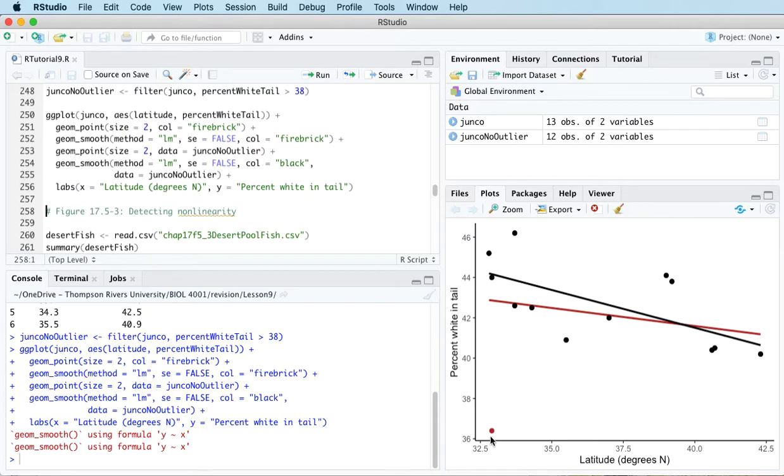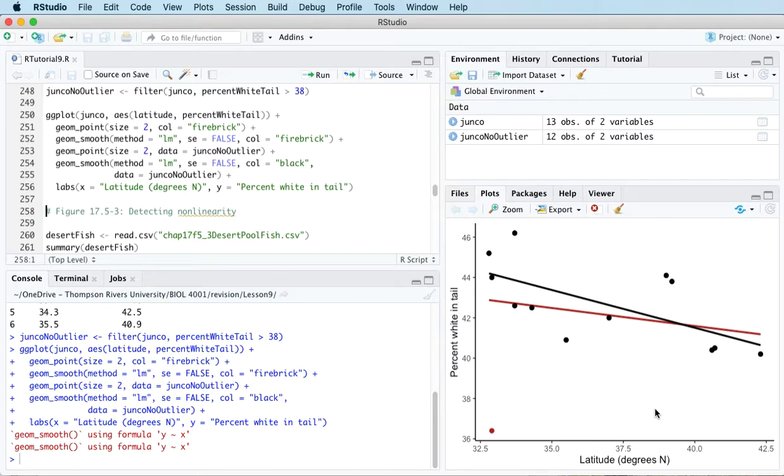If I actually exclude that red point from the data set and then fit a model to the remaining points, I get the black regression line here. It's a steeper slope. It's capturing the linear association for the other points much better than the red line does.